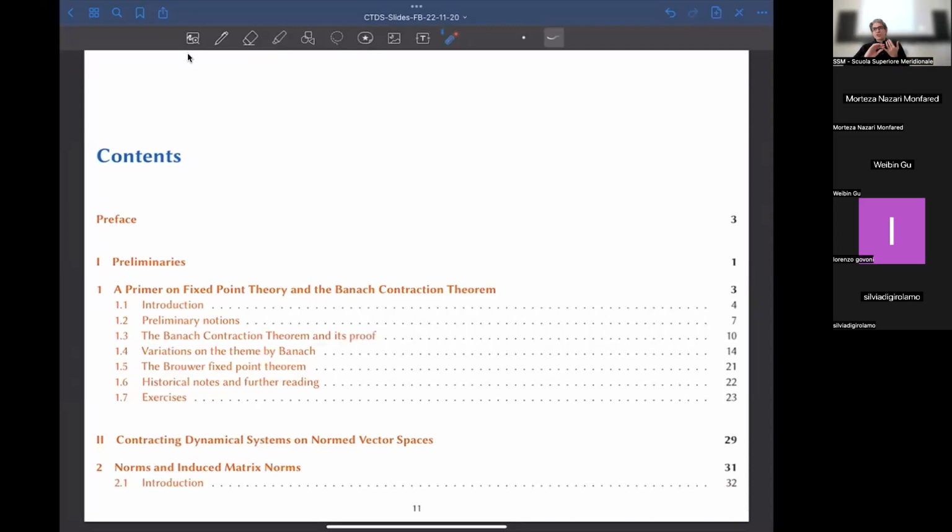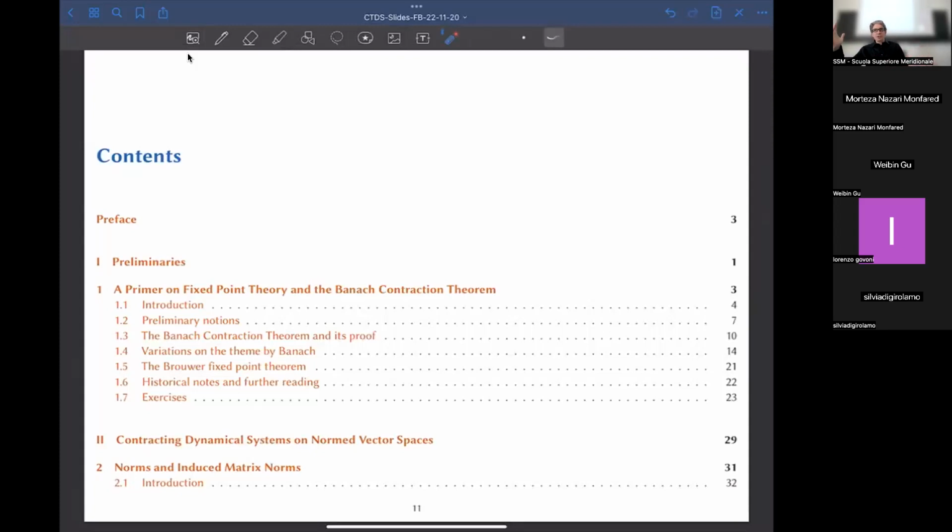So the first chapter is a review of the Banach contraction theorem. In the literature, there is a rich field entitled fixed point theory. The Banach contraction theorem is typically the first and most important result in these books entitled fixed point theory.